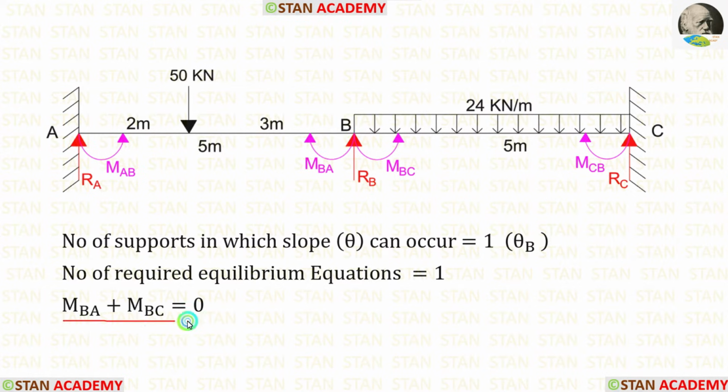So this is our equilibrium equation. In this analysis, we have to find 4 moments: MAB, MBA, MBC and MCB. Also, we have to find 3 reactions: RA, RB and RC.